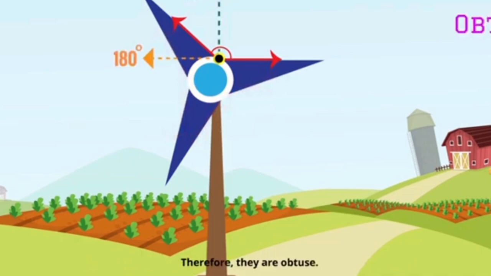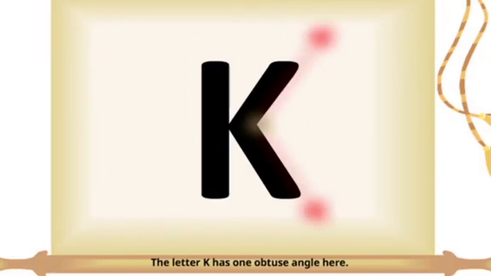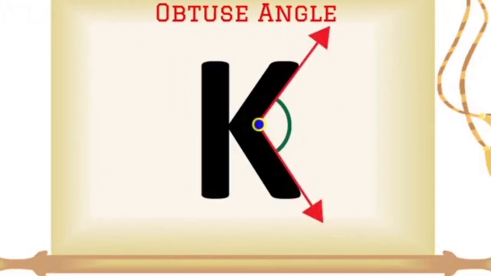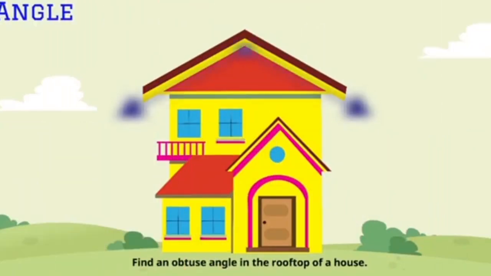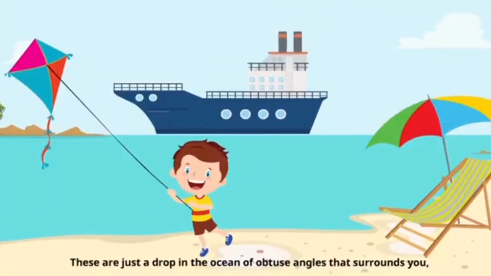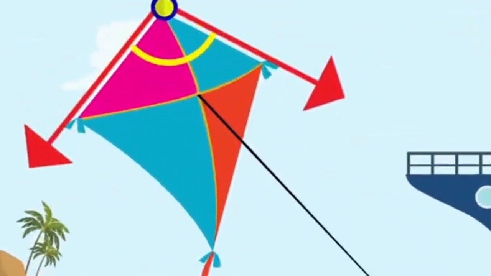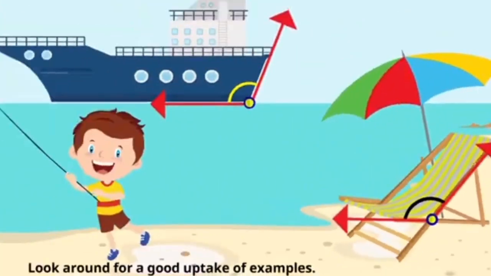Therefore, they are obtuse. The letter K has one obtuse angle here. Find an obtuse angle in the rooftop of a house. These are just a drop in the ocean of obtuse angles that surround you. Look around for a good number of examples.